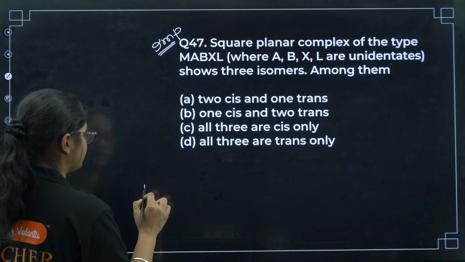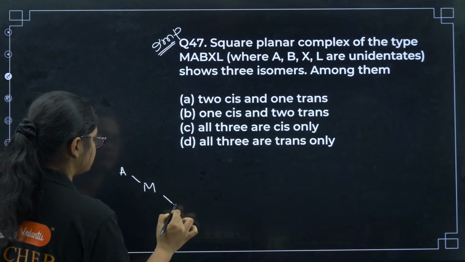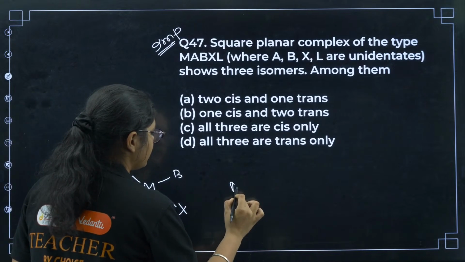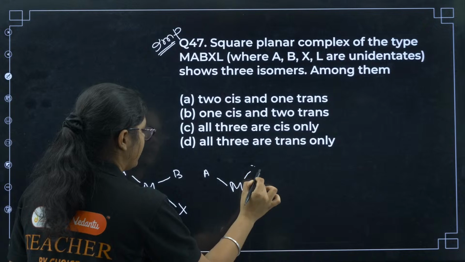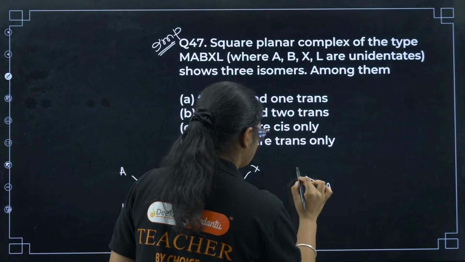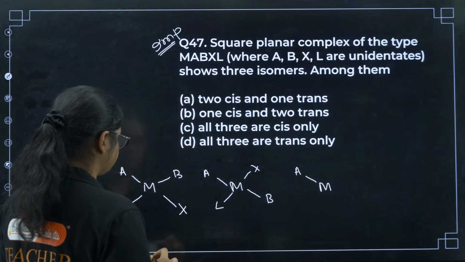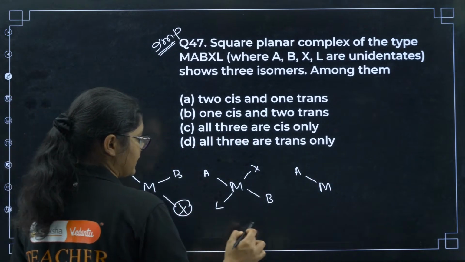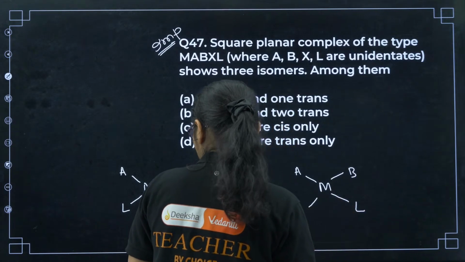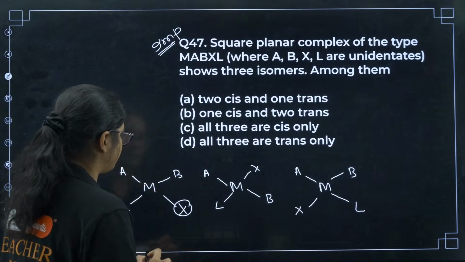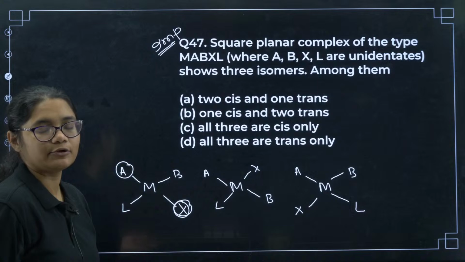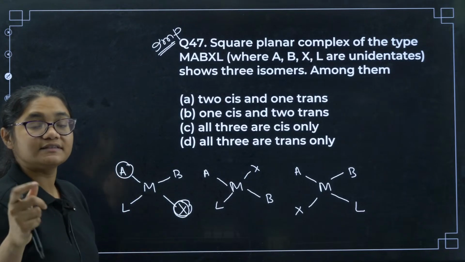So if you remember, we can draw like this. Okay, MAX, okay, and L. Then you can have M, A, X, B and L. And here we can have M, A, X went BL, then I can put L here, okay, and I have B and X. So here what happens, generally A and X are of one type of ligand, means they can be halogens or they can be some similar type of ligand.